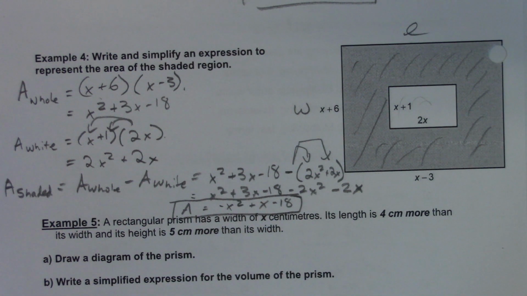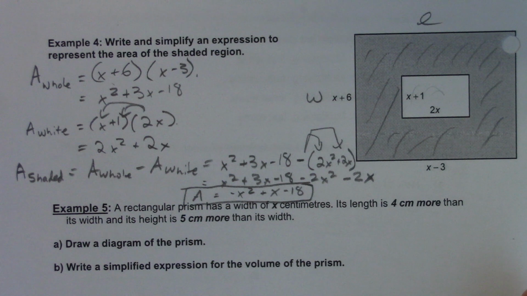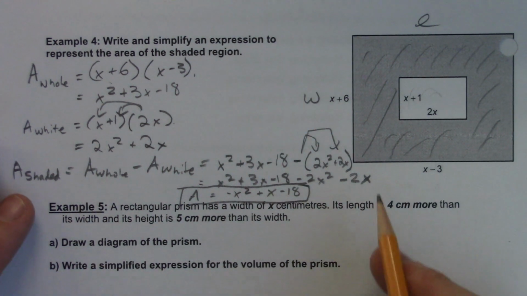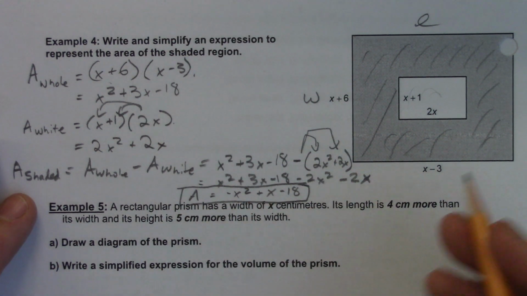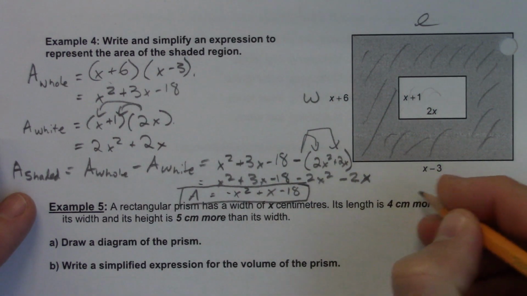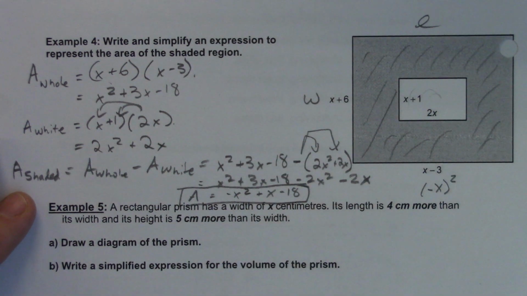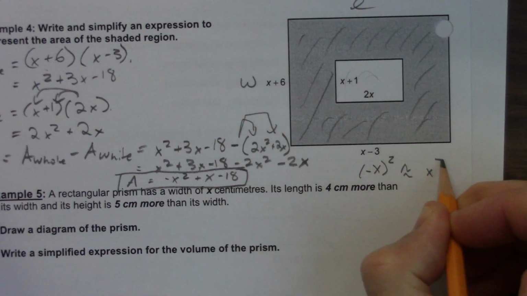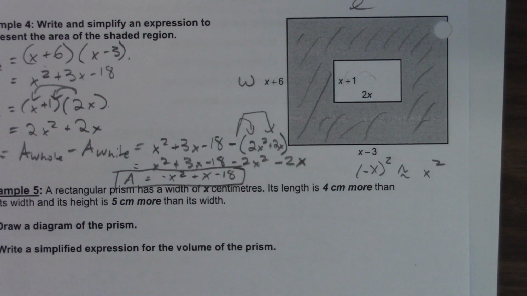Isn't negative x squared the same as x squared? No. Negative x squared is not the same as x squared. With the negative outside, the x value gets squared and then it gets a negative sign.